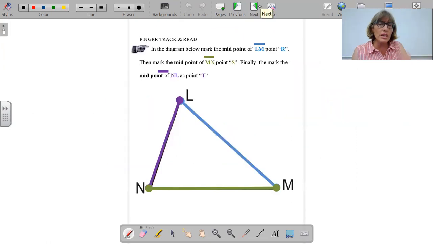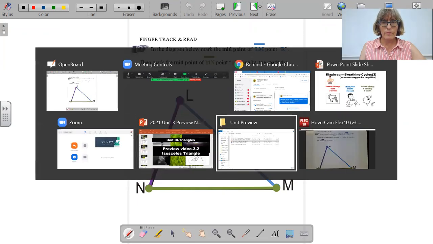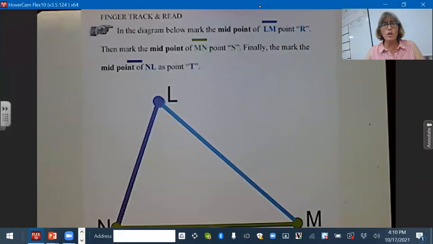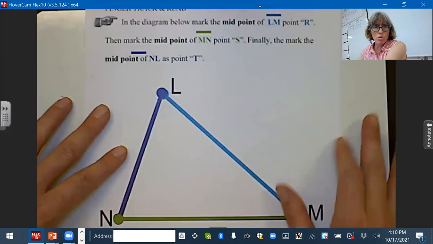Now for the next couple minutes, we're going to focus strictly on a median. Strictly on a median. So take a look here at this triangle right here.